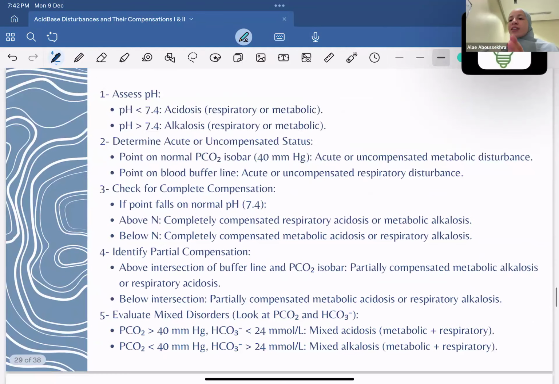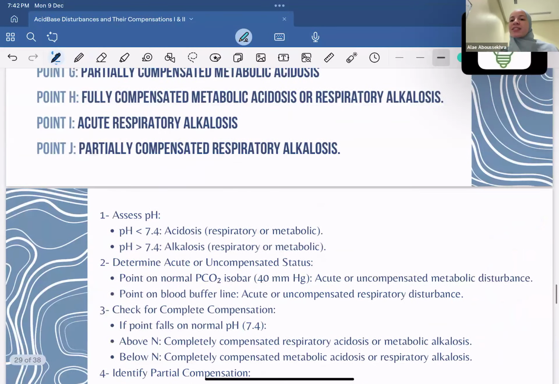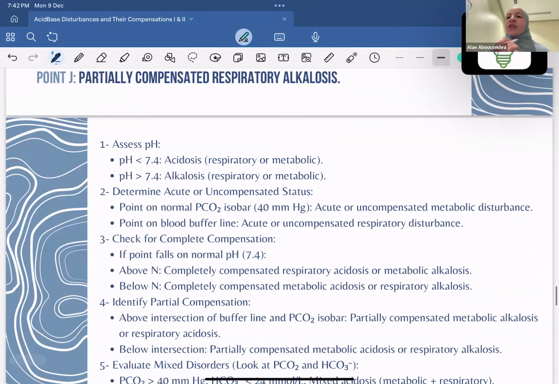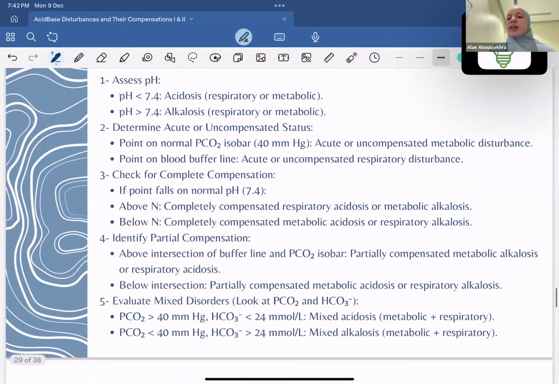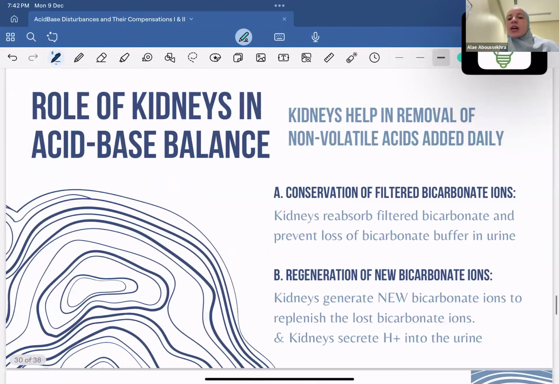And this is exactly what I told you: you have to look at the pH first to determine whether it's acidosis or alkalosis, and then look at the bicarbonate and CO2 to determine what caused it. And that's it. Now we're almost done with the lecture. That was mostly the bulk of it. I just have a few more points that I need to tell you.